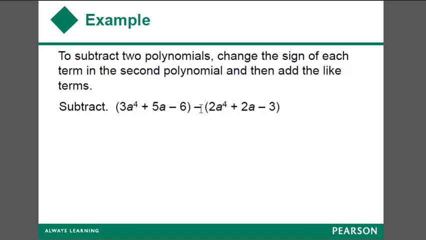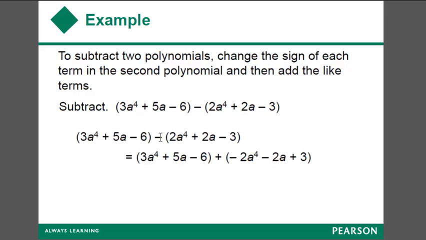Think of this as a -1, and I'm going to distribute it, which makes all my signs inside my second parentheses change. So my first parenthesis stays the same, 3a to the fourth plus 5a minus 6, and then I will have plus a negative 2a to the fourth minus 2a plus 3, because I want their opposites.